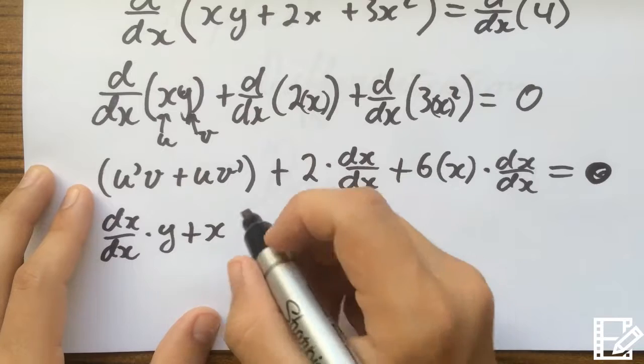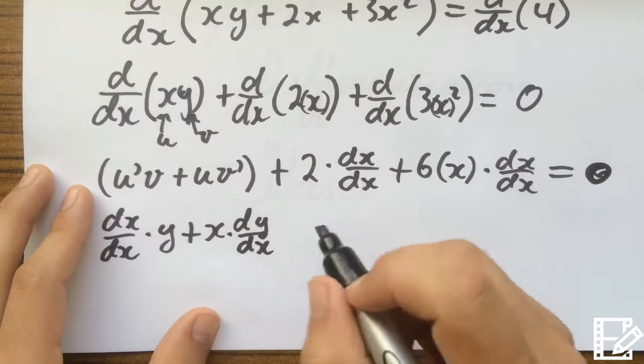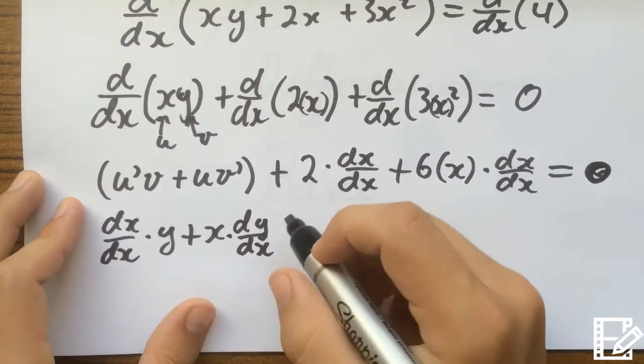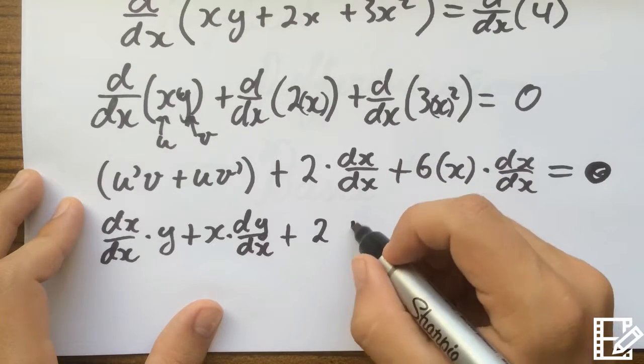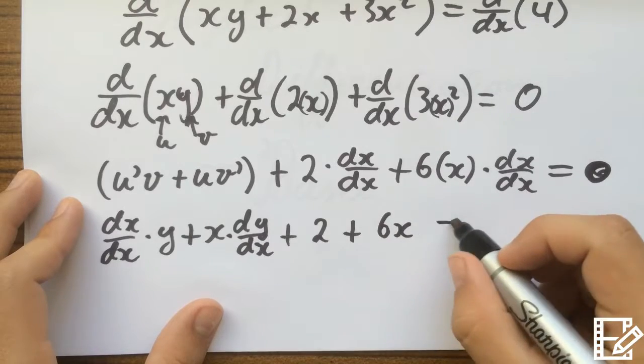If v is y, then the derivative would be the derivative of y with respect to x. That's the derivative. This is what we're looking to isolate. Okay? And here, well, 2 times 1 is 2, plus 6x times 1 is just 6x equals 0.